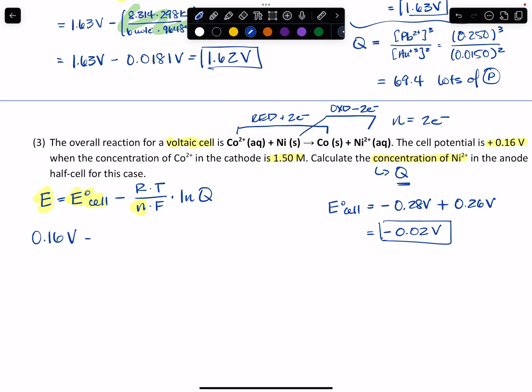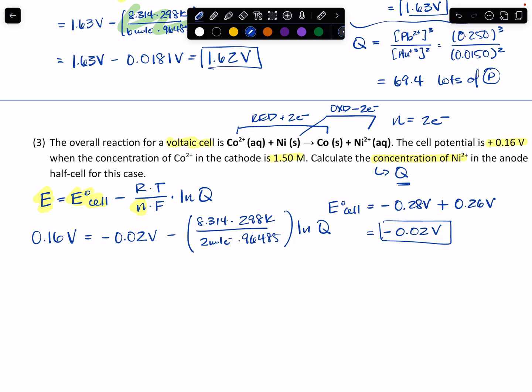So we have 0.16 volts for our non-standard cell potential, negative 0.02 volts for our standard cell potential. We've got 8.314 times temperature, which is not given, so I'm going to go with 25 degrees, divided by 2 moles of electrons being transferred, and Faraday's constant, 96485.